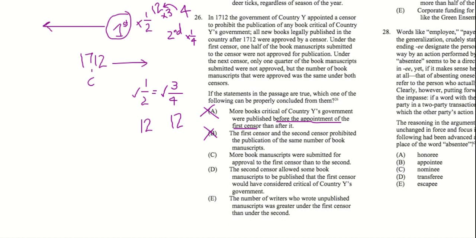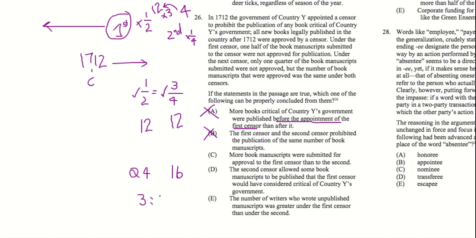C, more book manuscripts were submitted for approval to the first censor than to the second censor. Well, we know that in the first, it's 24, and then we know that in the second, it's 16, right? So that would actually be true. Yeah, it would be 3-2, right?